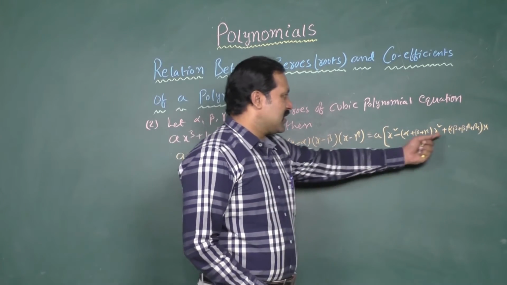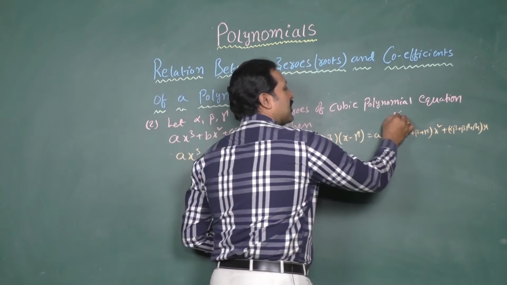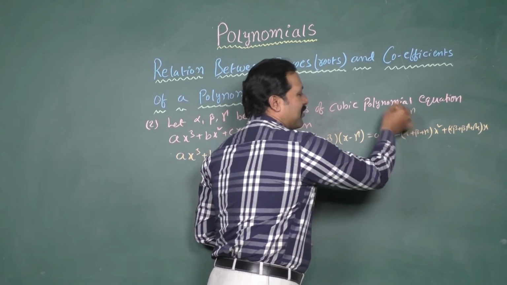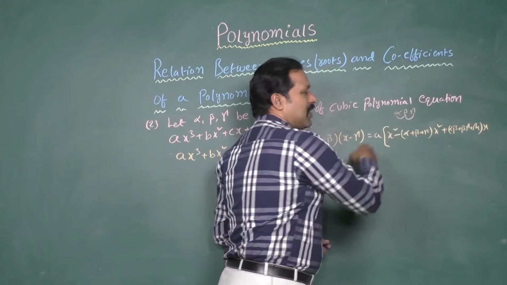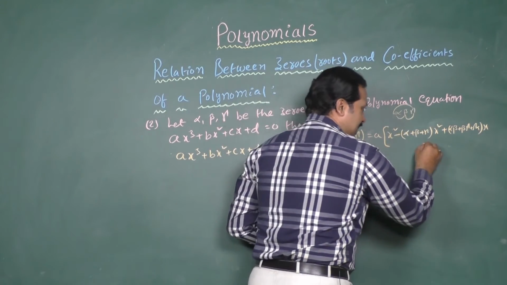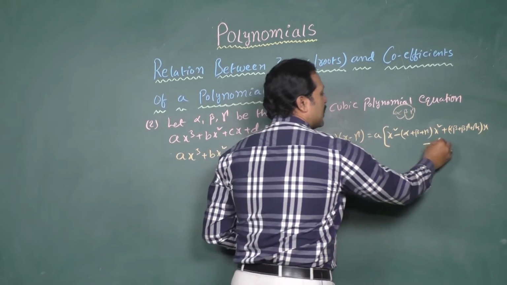That is nothing but cyclic order of alpha, beta, gamma. So start with alpha, you can write alpha beta, beta gamma, gamma alpha, minus alpha beta gamma.